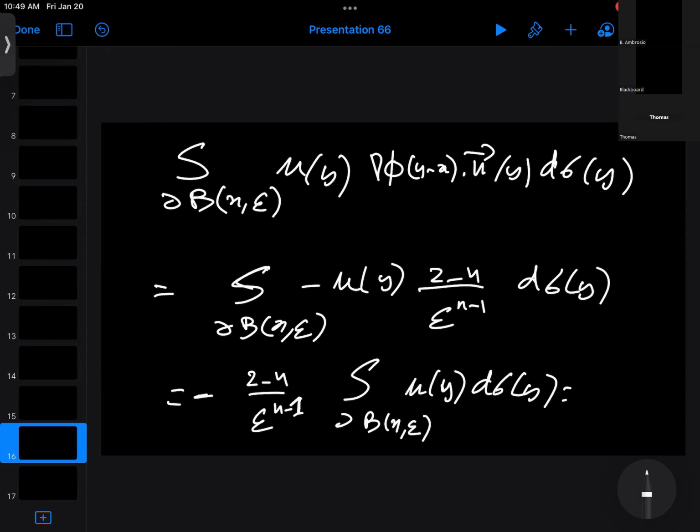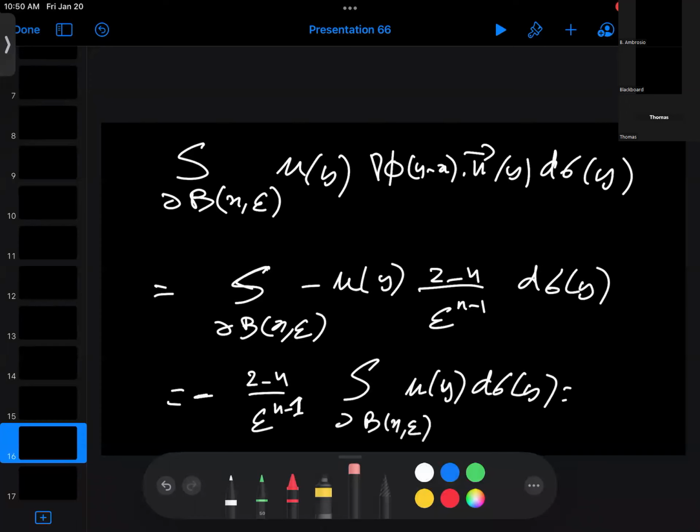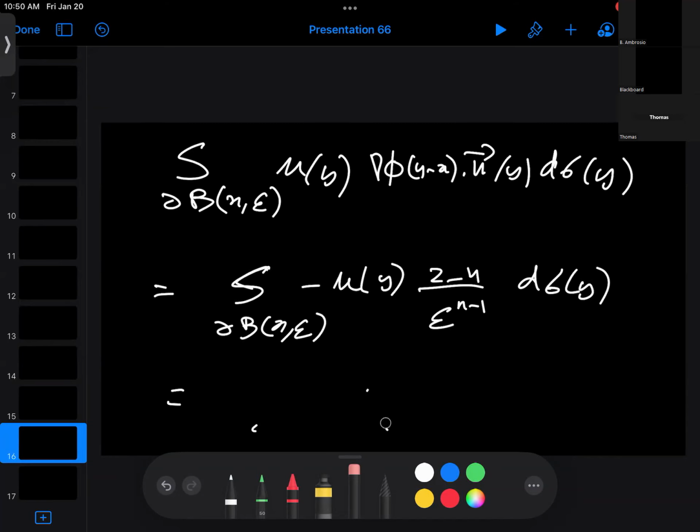So this will be, let's write it a little bit smaller so that I can finish on this slide. So this will be minus the integral on the border. So I take this out: minus (2 minus n) epsilon to the n minus 1.